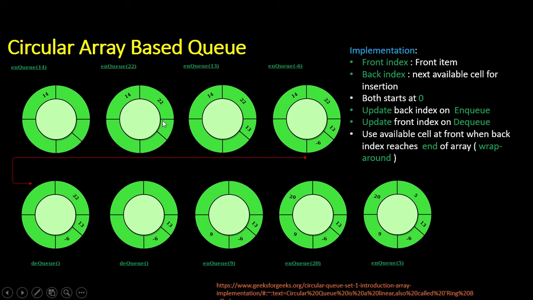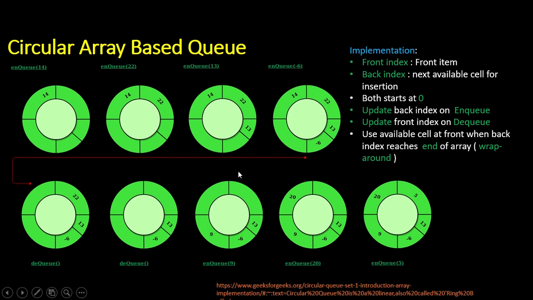And you also update the front index on dequeue. So in this part right here, 14 was dequeued. At first the front index was at 0, containing the item 14. Now after it was dequeued, the front index is now at 22, which is at index 1.